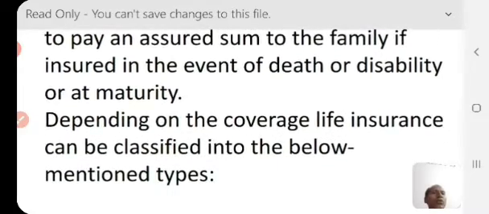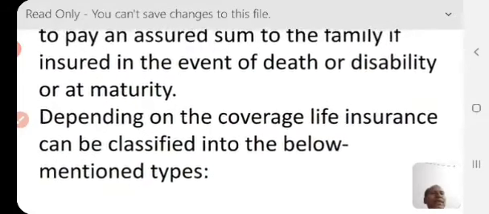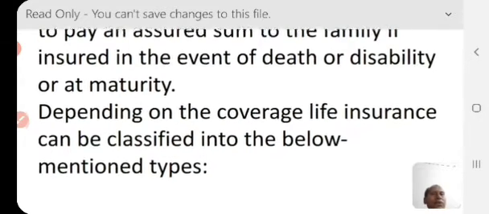So there are three options for the payment of the insurance amount: disability, risk, and maturity.